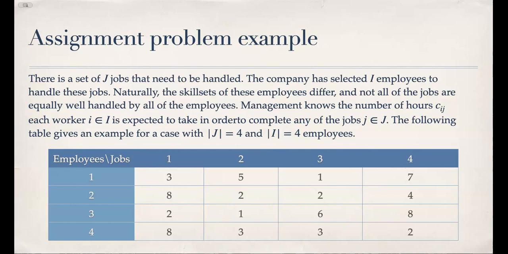If we assign the first employee to work on the first job, this value should be 1. If it is 0, it means this guy doesn't have to work on this job. You understand the structure of the decision variable, right?